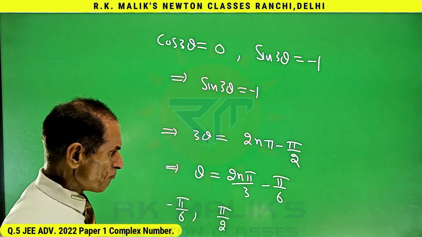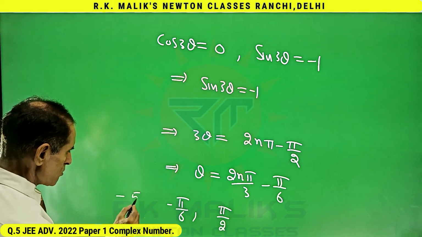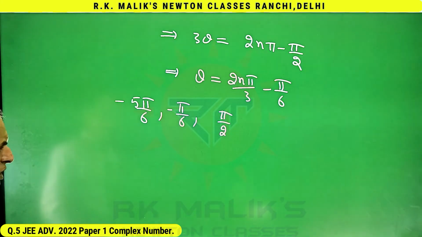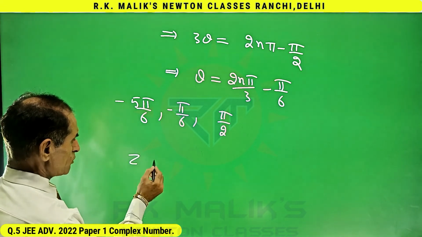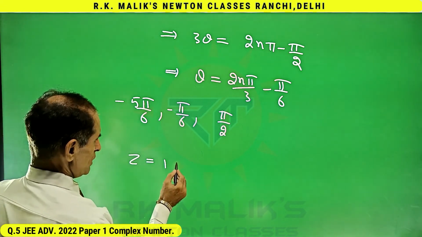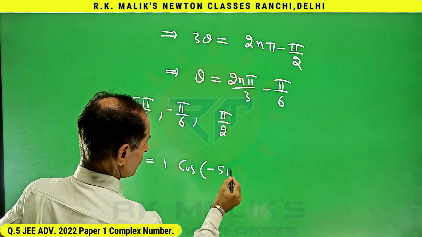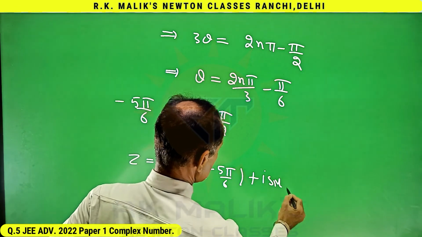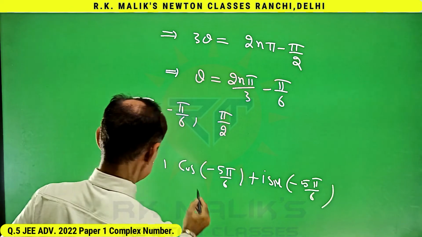N equal to minus 1 will give the answer minus 5 pi by 6. Hence we have got three values of z, that is z equal to 1 into cos minus 5 pi by 6 plus i sin minus 5 pi by 6.